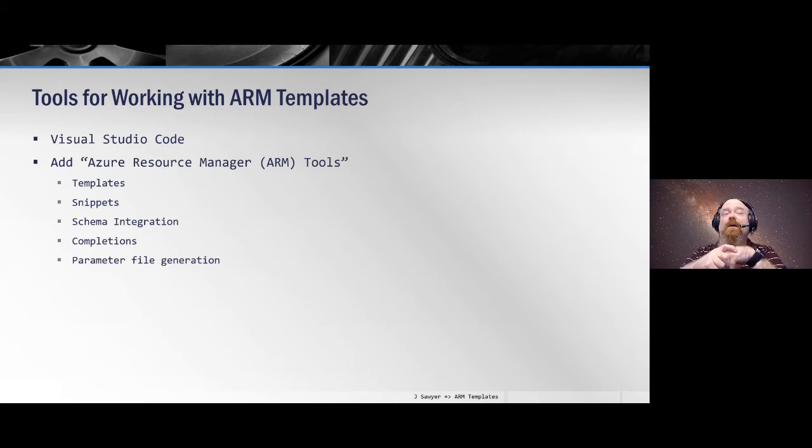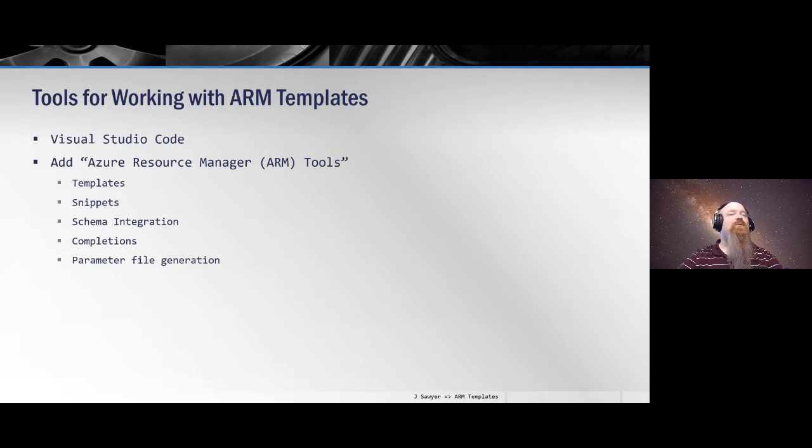VS Code, however, works quite well for ARM templates, and there are some tools that you can add in. Now, the number one tool that you need is Azure Resource Manager, or ARM tools. It will contain templates, snippets, schema integration, completions, and parameter file generation.